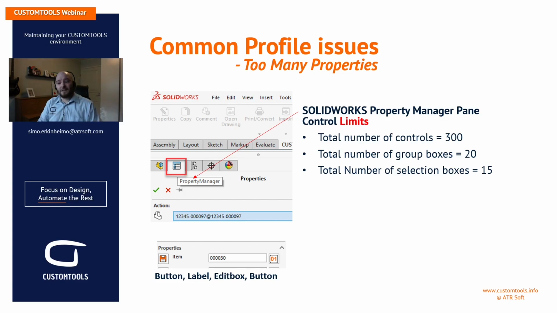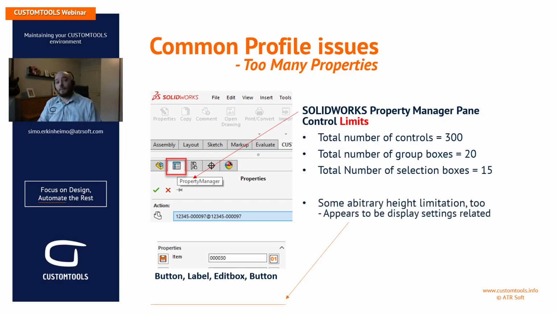So one CustomTools property can reserve up to 4 controls out of this pool of limitations. And it's when we hit these limits that things start to break differently for different users. There is also some arbitrary and very inconsistent height limitation, after which this issue can also happen, so possibly different display settings of different users might play a little role here as well.